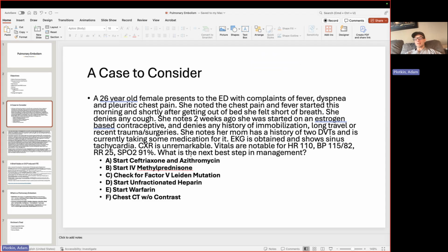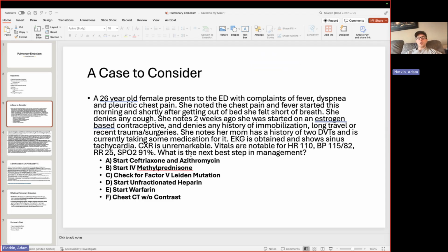Those could be signs and symptoms of other diagnoses that you want to consider for a differential when you think about dyspnea. But the fact that all of them are together, and then we have this young female who was recently started on estrogen-based contraceptives, which we'll talk about why that's important in a second, those are other things that increase the likelihood ratio that this is likely a PE.